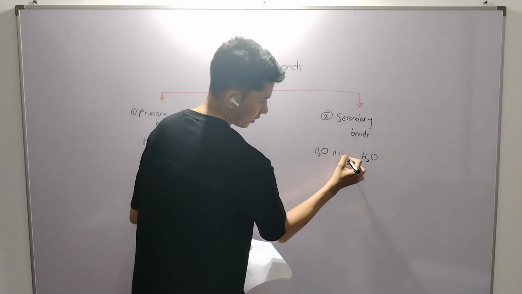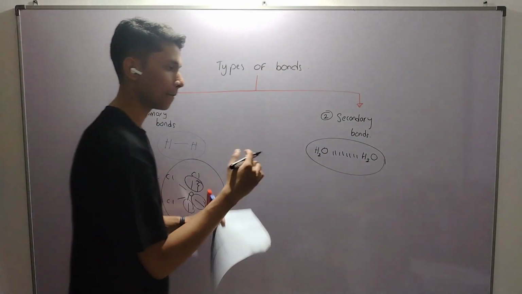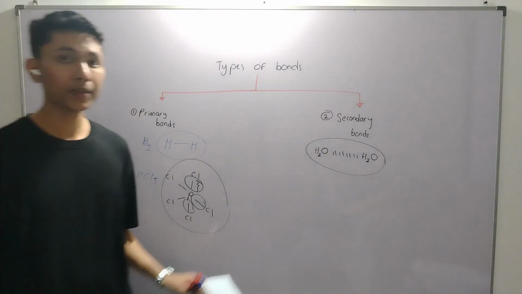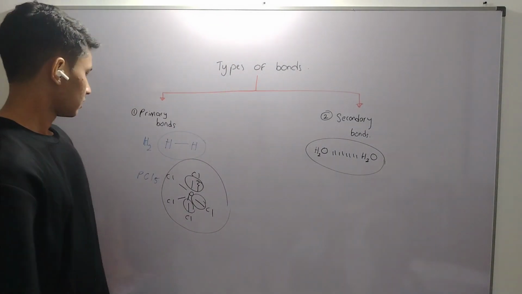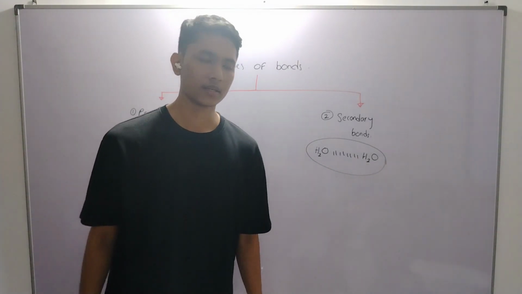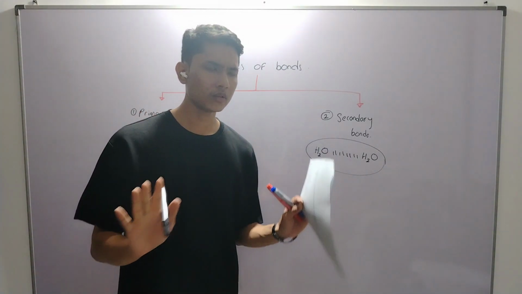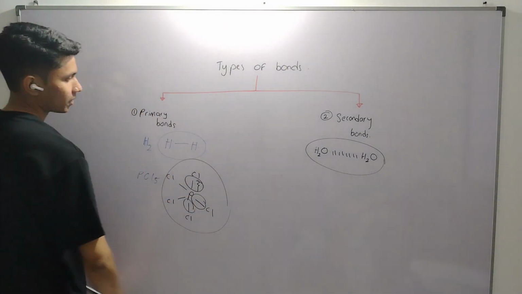So secondary interactions are bonds that are present between two molecules. Now you know the difference between primary bonds and secondary bonds. Now in this video we are going to mainly discuss primary bonds.